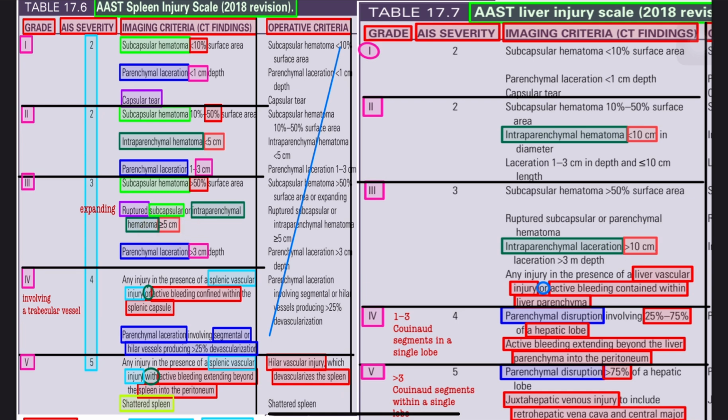If it is more than 5 centimeter but the keywords are ruptured or expanding, if these two words are there, it should be grade 3. Parenchymal laceration depth is more than 3 centimeter. If they ask the length, it will be 5 centimeter.